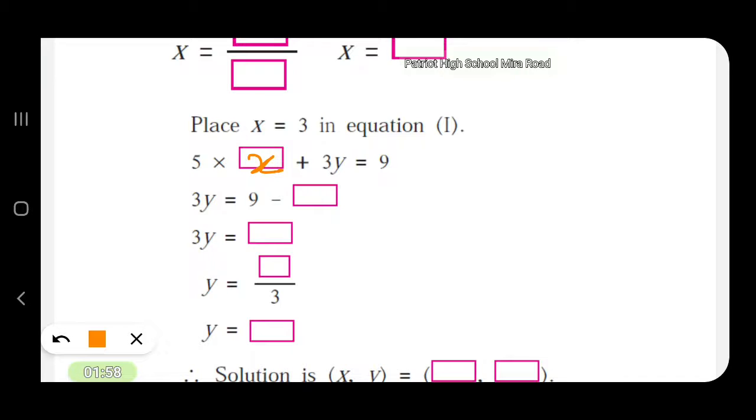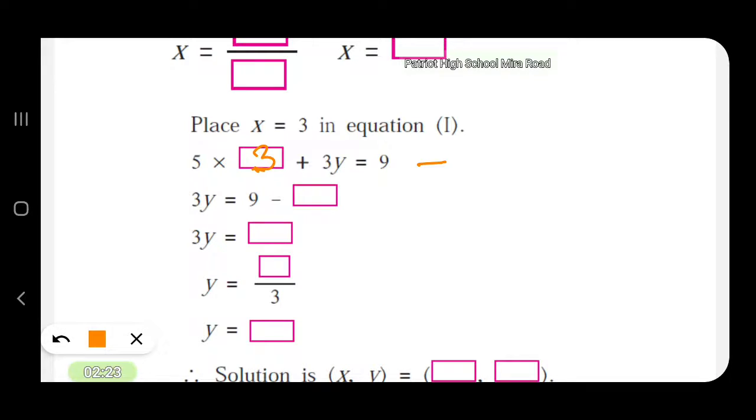Now in place of x we are going to write 3. So 5 multiplied by 3. Instead of writing x, we write 3. So 5 into 3 plus 3y is equal to 9. Solving the first equation, we get this.